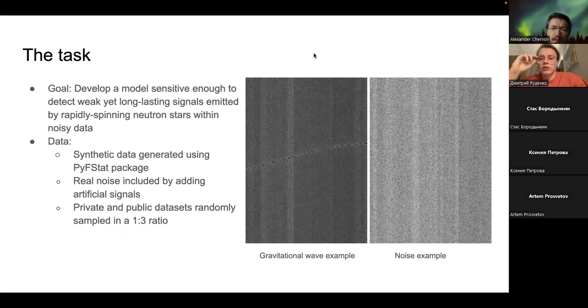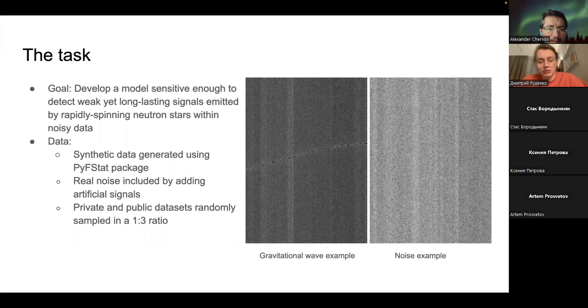So what was the task? We have this data which we represent as an image, and the task was binary classification. Is there a signal? Yes. Okay, and the metric was area under the curve. So how many samples? It had 8,000 samples in the test set, and in the training set about 1,000.